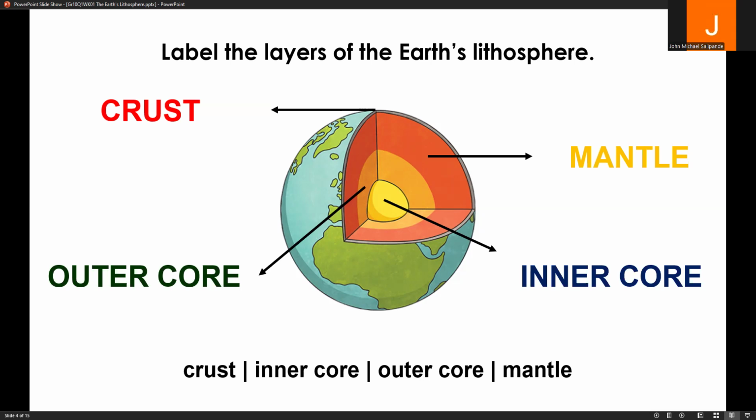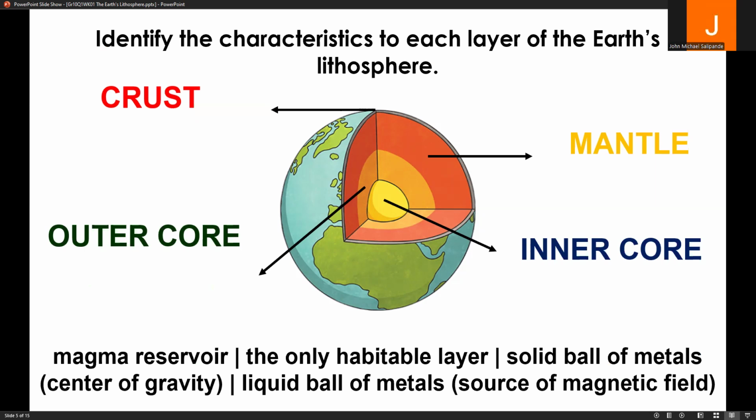So now that we labeled the layers of the Earth's lithosphere, it's time to identify their characteristics and or properties. So naturally, we human beings and other living organisms can only survive at the crust. Okay? So therefore, the characteristic that is attributed to crust is it is the only habitable layer.